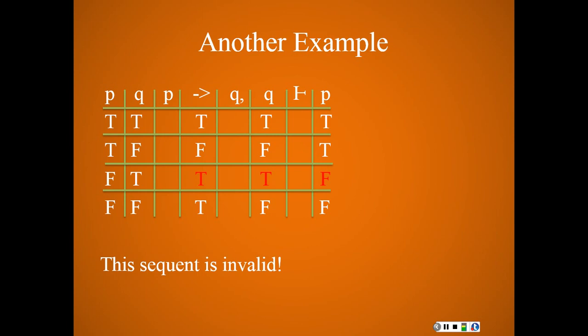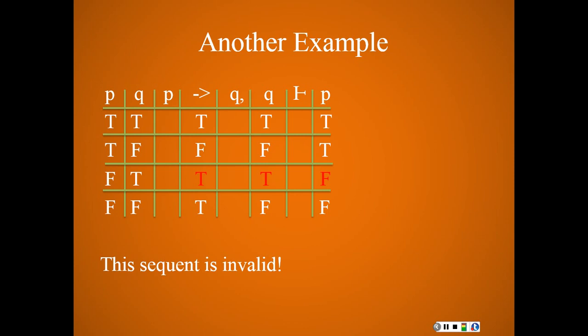Now, I have another case in which this argument has a false conclusion, namely the bottom row. The bottom row, though, doesn't furnish me with a counterexample to the validity of this argument. The reason is that even though the conclusion is false on the bottom row, one of the premises, namely Q, is also false on the bottom row.